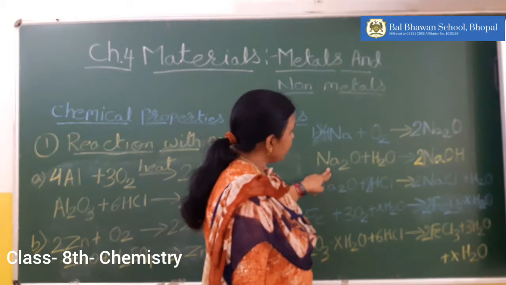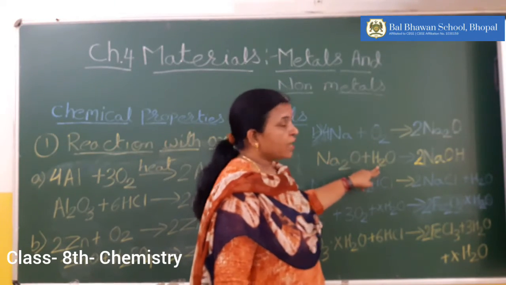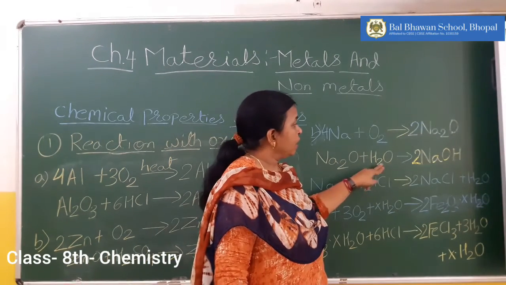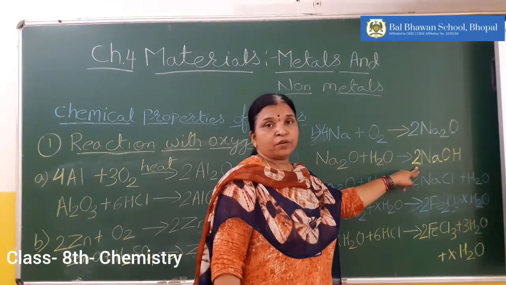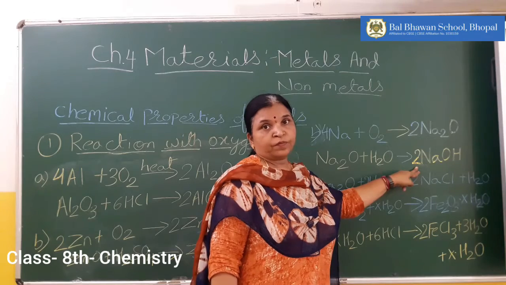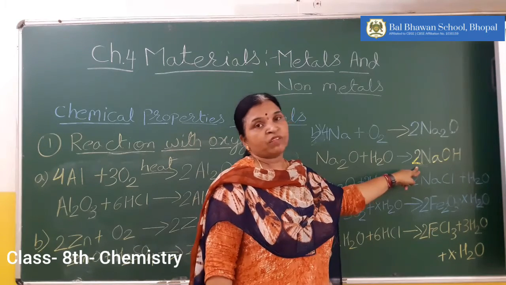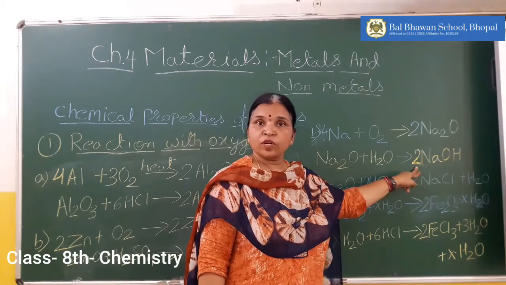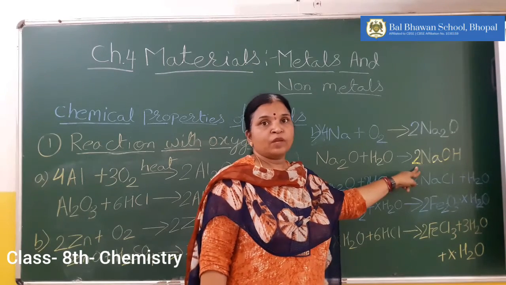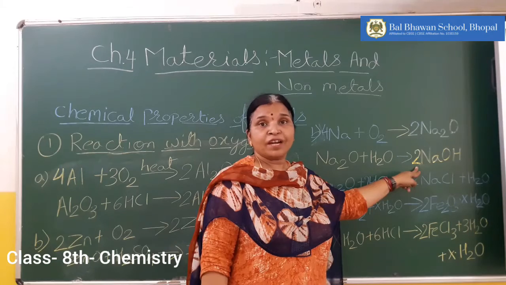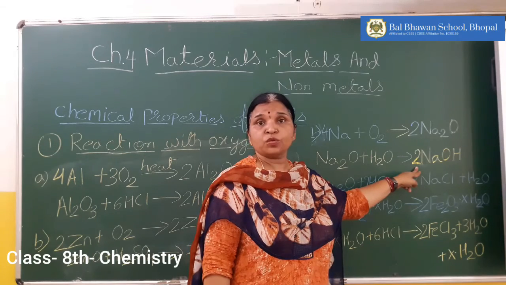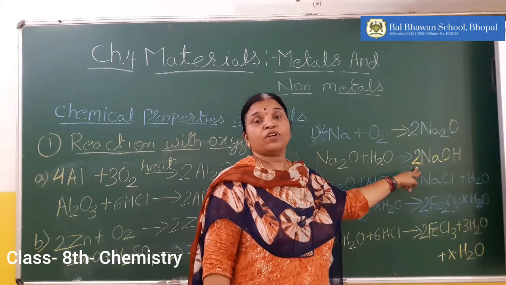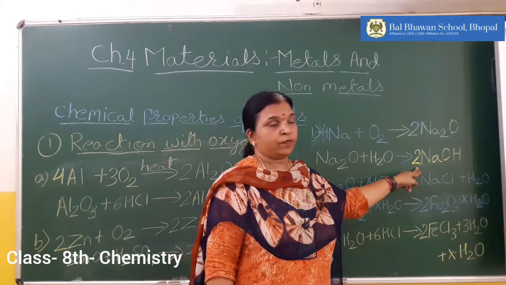When sodium oxide reacts with water, it will produce sodium hydroxide. And similar to the previous experiment, if I use red litmus paper and blue litmus paper, blue will remain blue and the red litmus paper will turn blue.